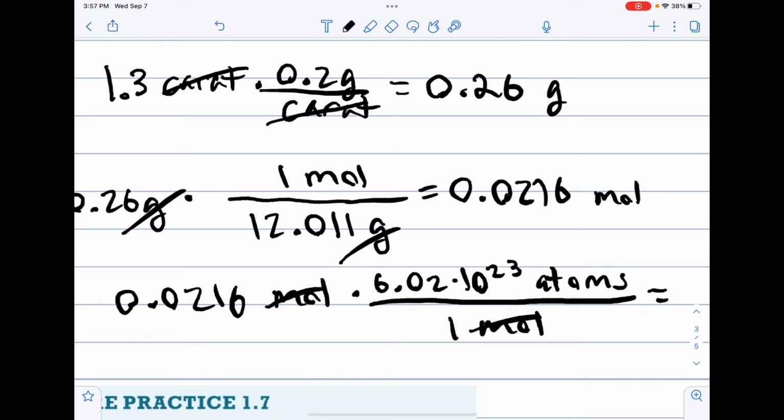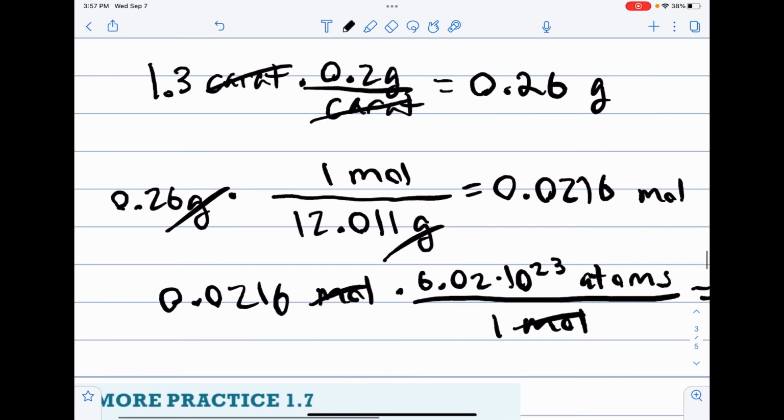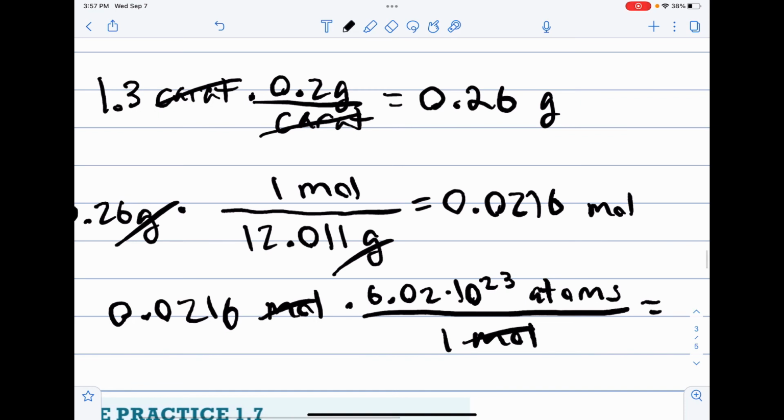And then you would get a number for this. And what I do is put it in my calculator all at once, and this helps with significant figures and makes the problem easier.